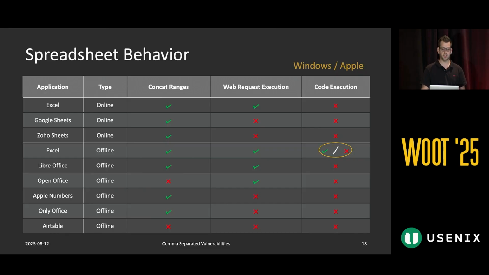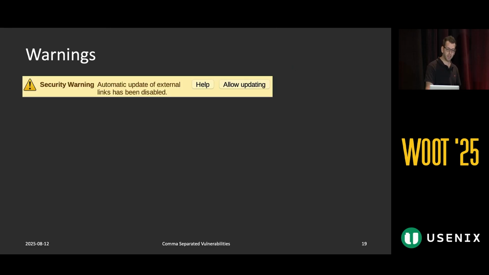All of these experiments we have done with Apple and Windows to investigate the behavior of the spreadsheet applications. So how do the warnings look when we try to execute such files by opening them? LibreOffice clearly mentions that there is a security warning, but the message is not that descriptive.